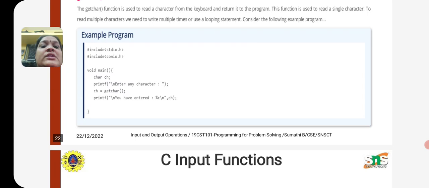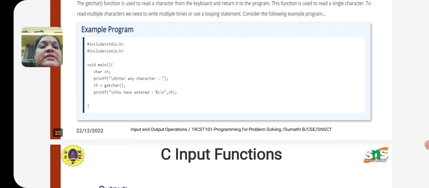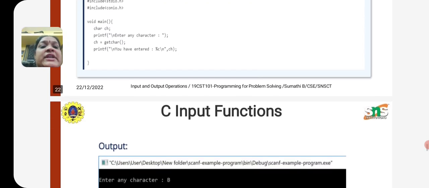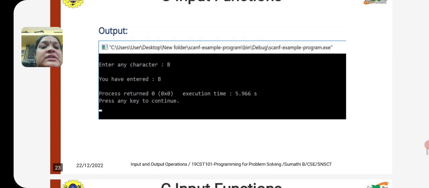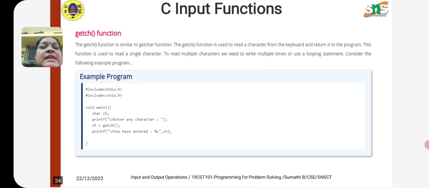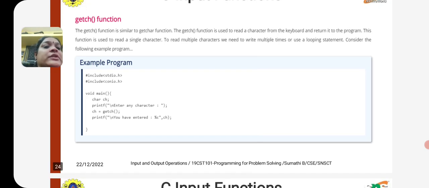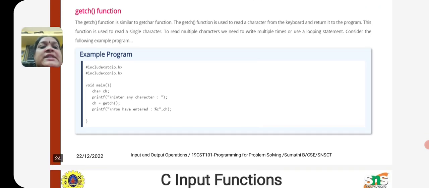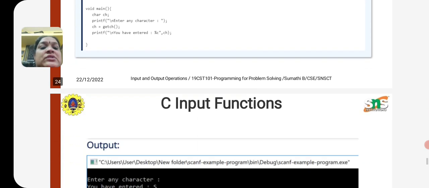So for a character ch, I read it with the help of getchar, and the output is B, which I enter here. And getch, similar to the getchar function, is used to read a character and return it to the program. To read a single character, I can use this also.